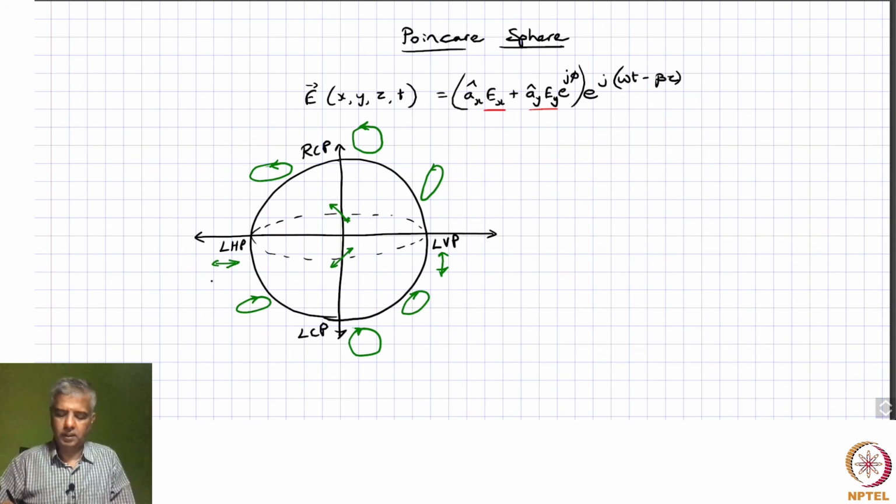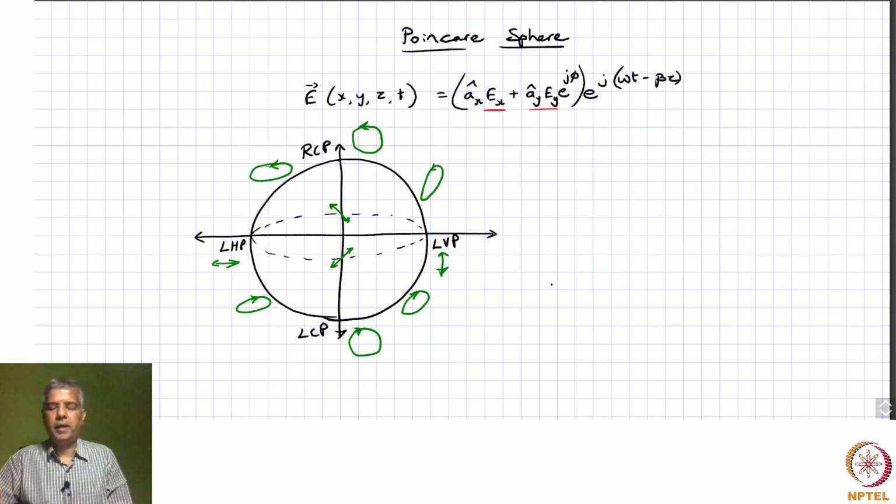So, moving from the equator towards the pole. This is what a quarter wave plate does. It moves you from the equator upwards, or, if it's the other way, it is minus pi by 2.